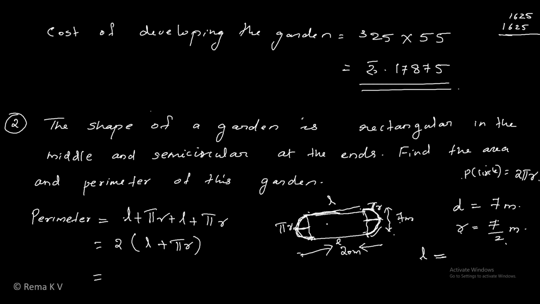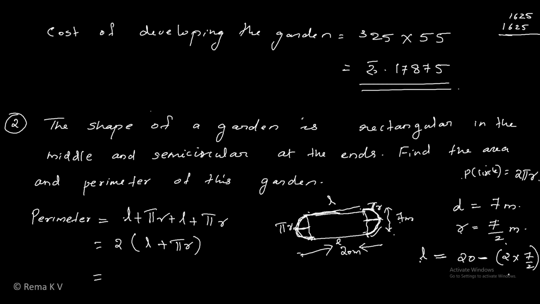So the remaining part gives the length of the rectangle. How can you find it? Total length 20 minus, here 2 times the radius is there, so it is 2 into 7 by 2.